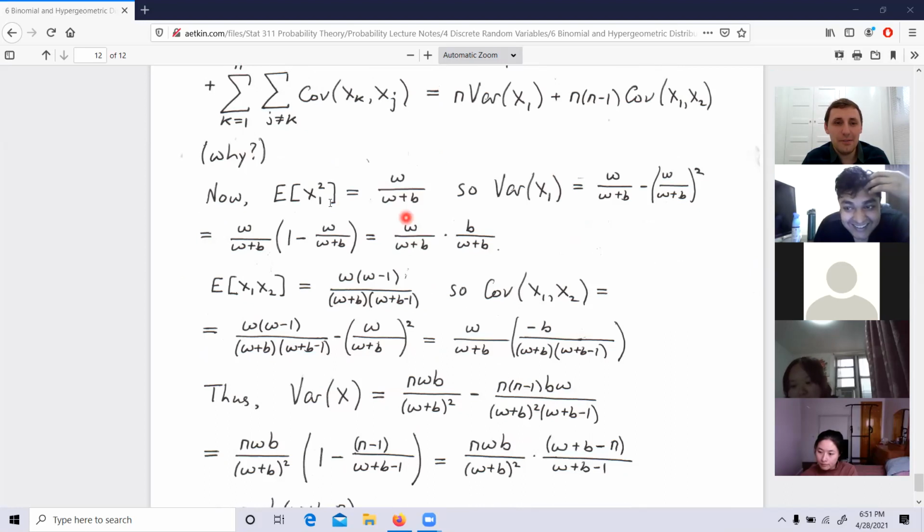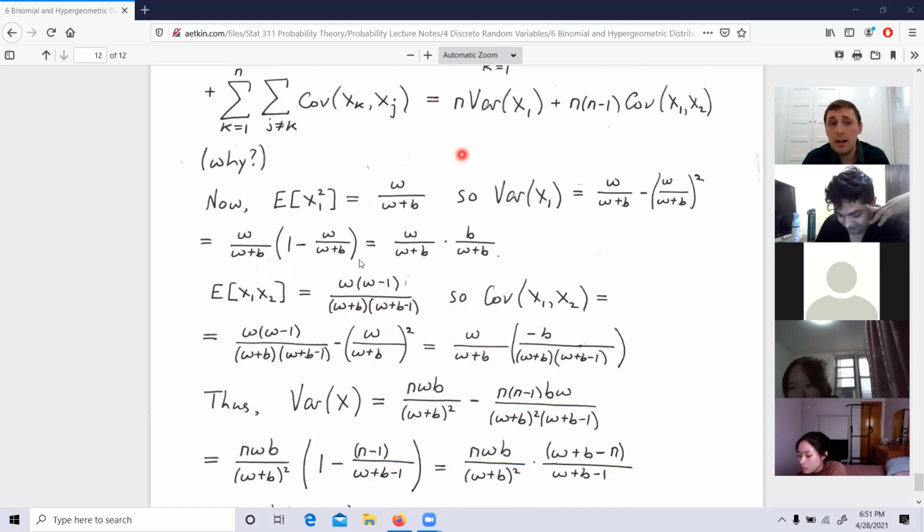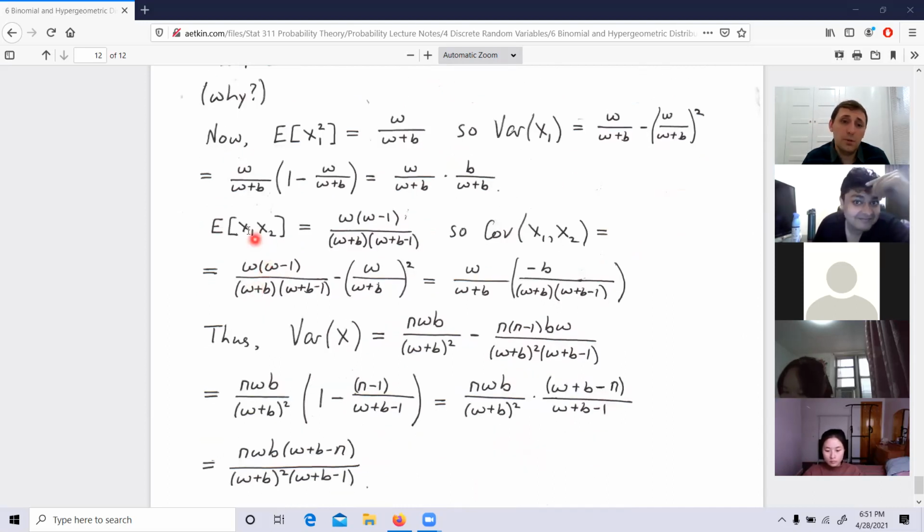So here is what we have here. So the expected value of x1 squared is what? It's the same variable. So it's w over w plus b. Yes? And so what is variance of x1? It's w over w plus b minus the same thing squared. I mean, now this is just a calculation which we will multiply by n. Now, what is the expected value of x1 x2? Can we figure that out? Well, it's not too bad, guys. It means that both x1 is 1 and x2 is 1.